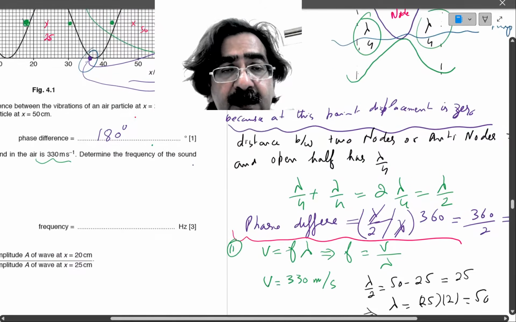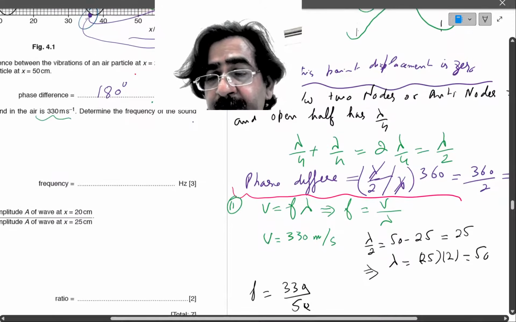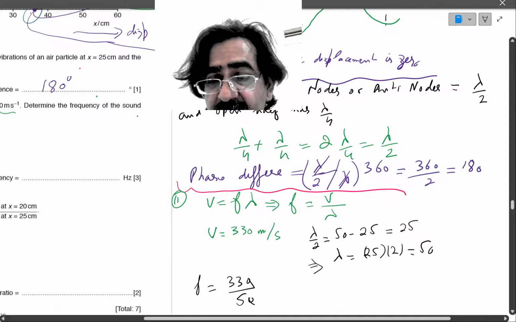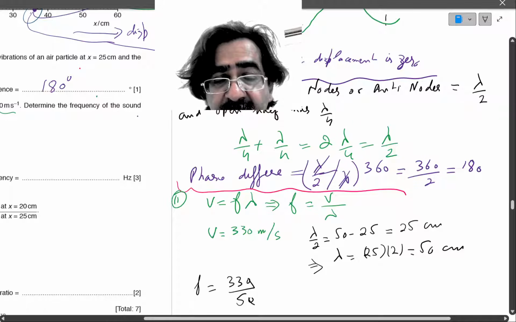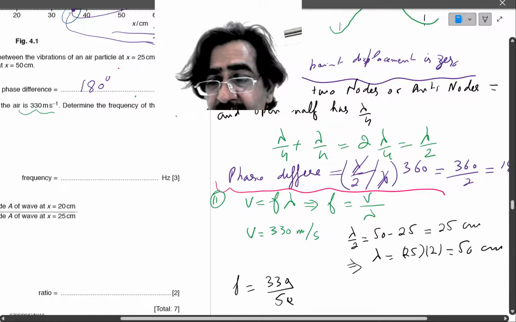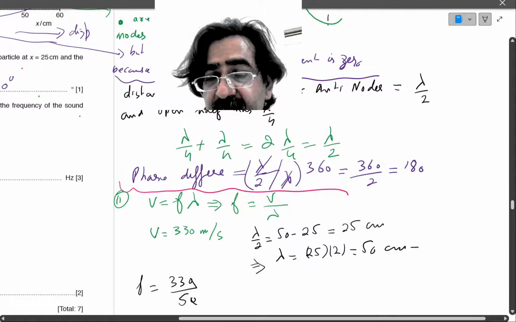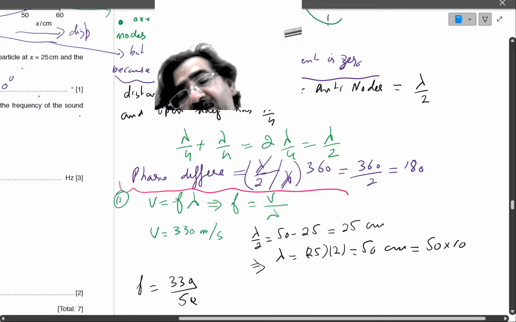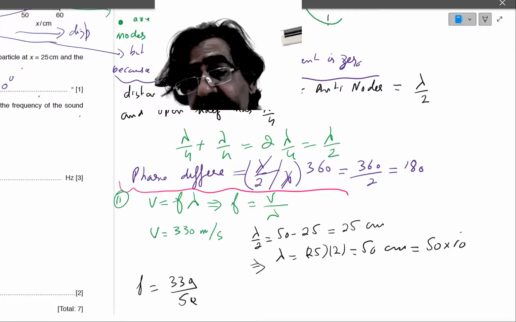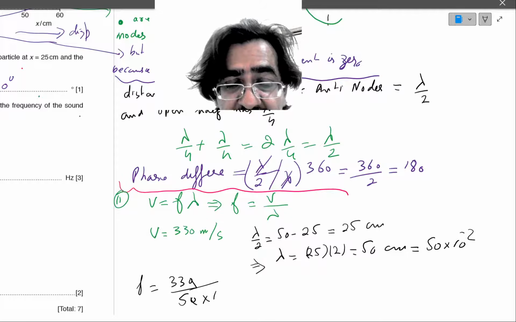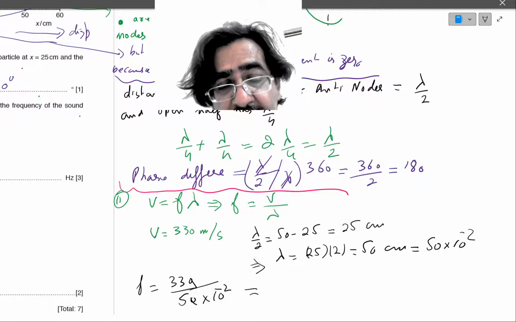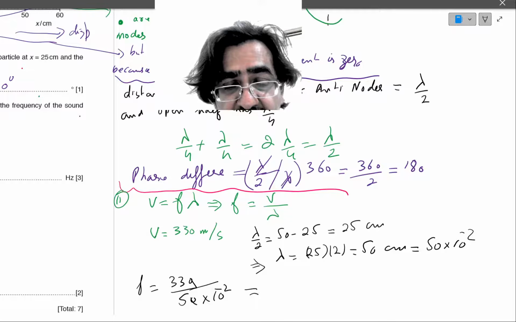Sorry, the graph is in centimeters. So we have to measure the length as 50 multiplied by 10 raised to power minus 2. Zero will be cancelled with zero.